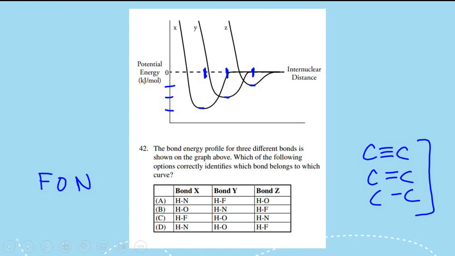F is the smallest. Okay? That means that nitrogen is the largest. So this should be HF, this should be HO, and this should be H to N. Which one is that one? C. So our answer should be C.